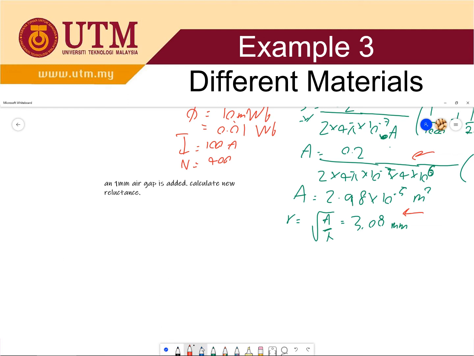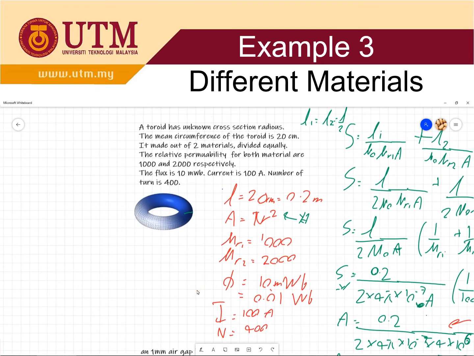Remember, for an air gap, mu r is always 1.